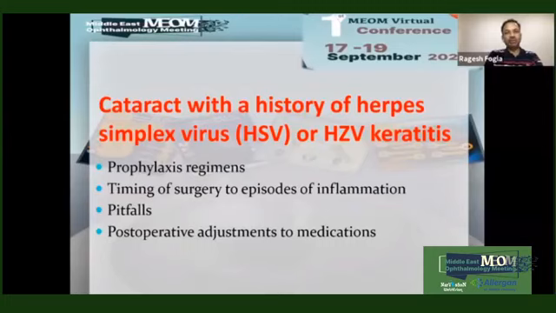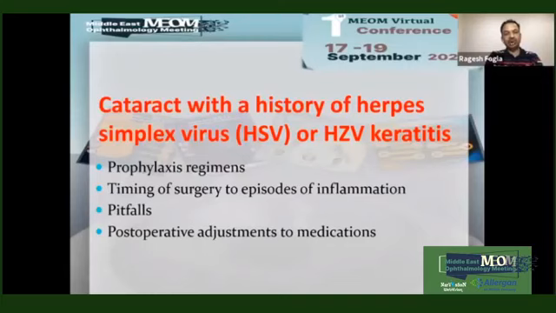And I do put them on oral antiviral prophylaxis, at least for the duration while they are using topical steroids. And after they have stopped topical steroids, I may not continue it for 6 months, but at least for 2 to 3 months, I would like to give them oral antivirals. And the important point is to discuss with the patient prior to the surgery the possible risk of recurrence of herpetic disease. Otherwise, they often tend to attribute it to the surgical procedure, the cataract surgery that you have performed.